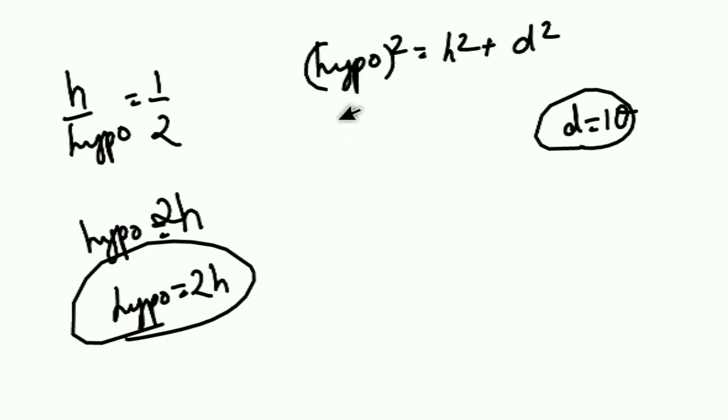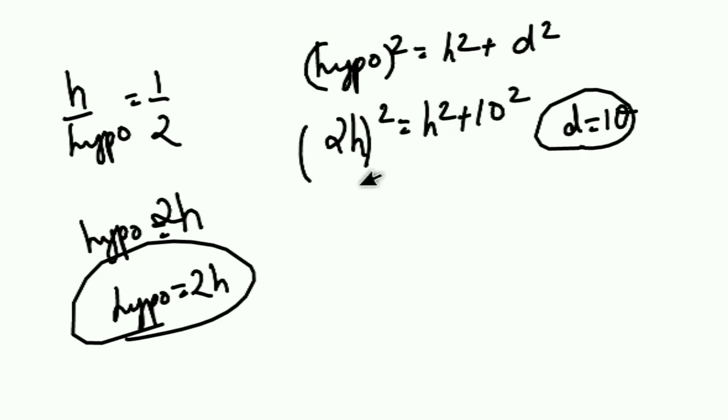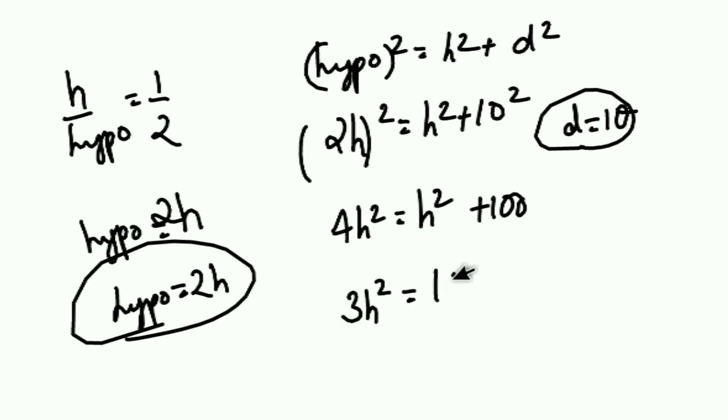You can substitute this into the equation. So you will get 2h square is equal to h square plus 10 square, so 4h square is equal to h square plus 100. Now bringing h square to this side, you will get 3h square is equal to 100.